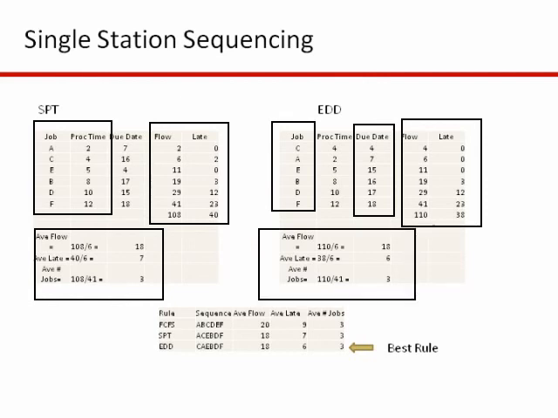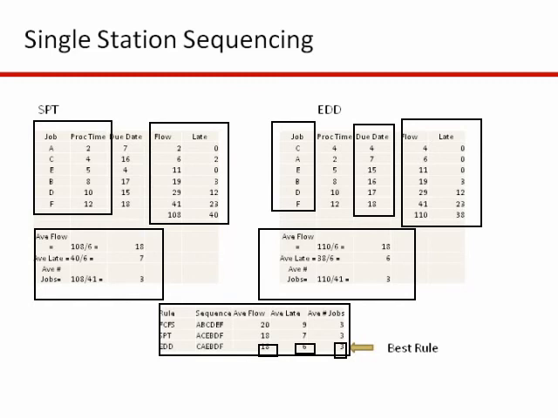Then I can calculate my metrics. If you compare the metrics now, you can see that the earliest due date is tied for the lowest average flow. It does have the lowest average late, and it's tied for the average number of jobs. So it is the best rule.